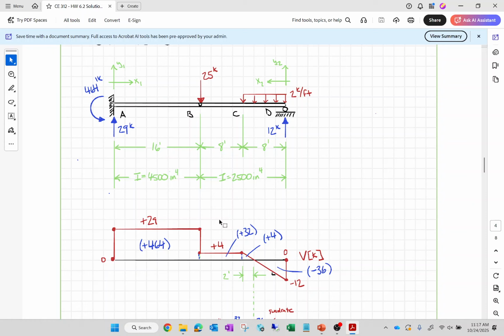All right, so if I cut a section here and look to the right, what do I got? I've got 12 kips. I've got my distributed load looking to the right, so shear and moment, right? This dimension here is x2, because I'm cutting a section looking to the right.